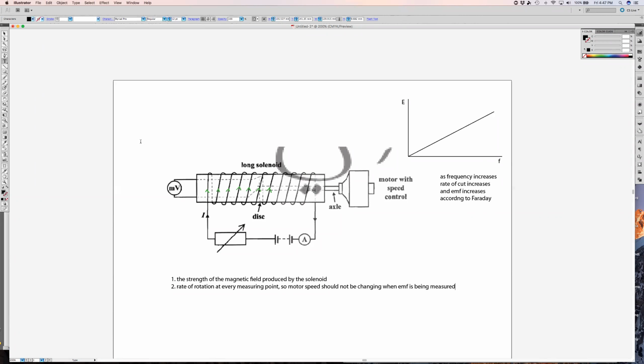All right? Those are two of the more important points. The third one is not as directly linked. It's not in the mark scheme. The third one is you must keep the orientation to the Earth's magnetic field constant.